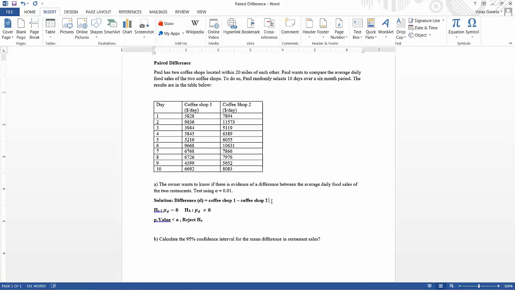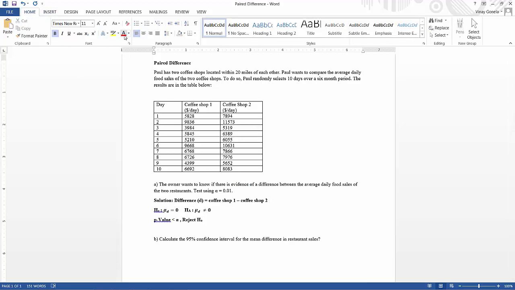We can also do coffee shop 2 minus coffee shop 1. So we can choose to do the difference as coffee shop 1 minus coffee shop 2 or coffee shop 2 minus coffee shop 1. In our case, we will choose coffee shop 1 minus coffee shop 2.